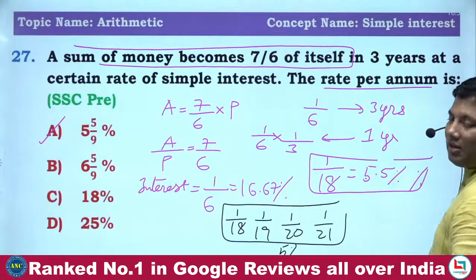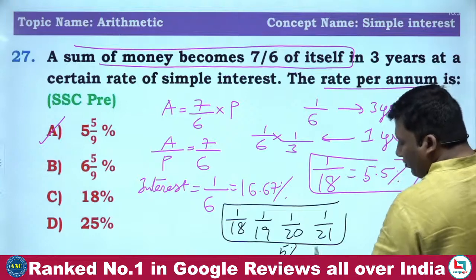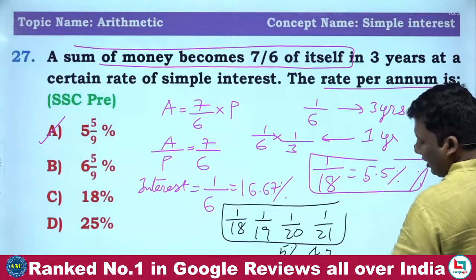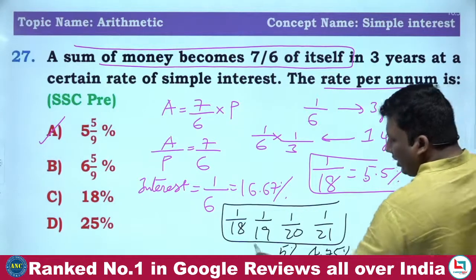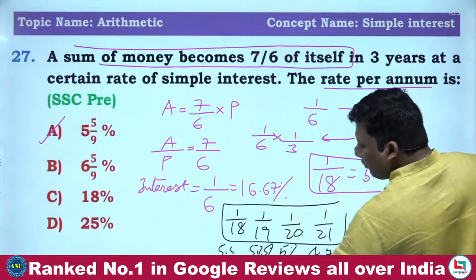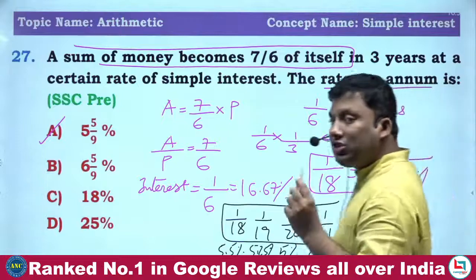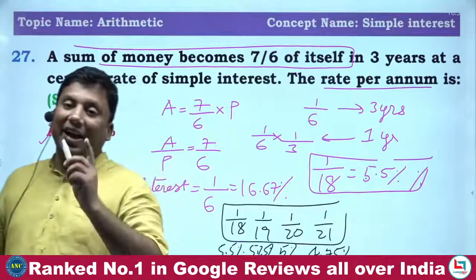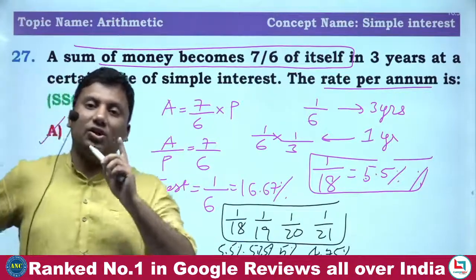If the denominator value increases, this value will decrease. It is 4.75, then 5.25, and it is 5.5, for 21, 20, 19 and 18.